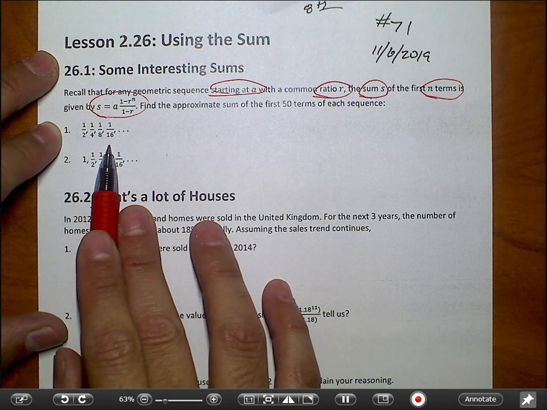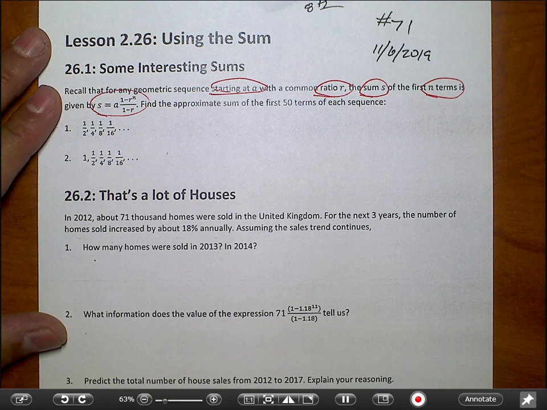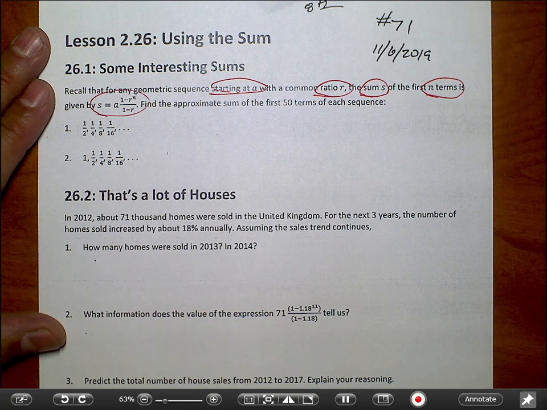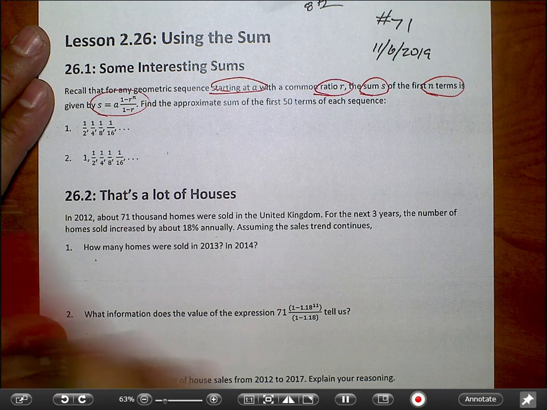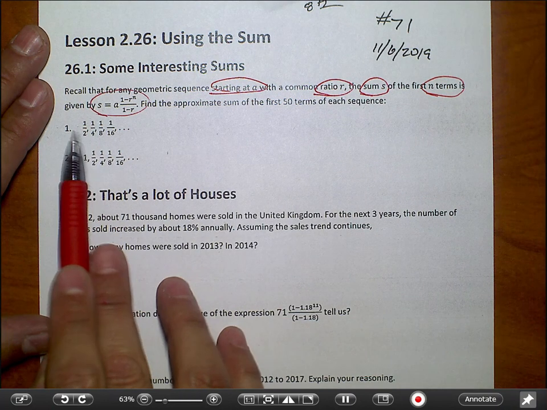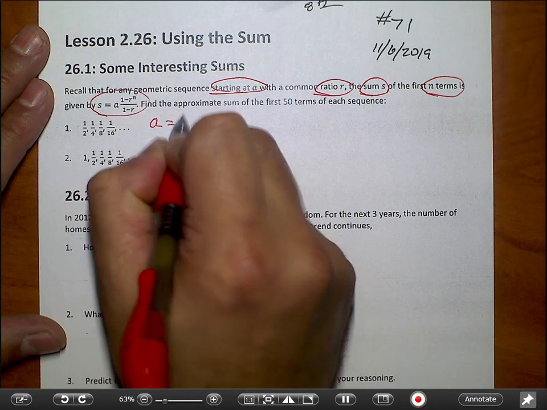What is it? 2? No, it's not counted by 2. What's the A value? My initial is what? Say it, Justice. 1/2. If you guys remember yesterday's, my initial value would be my first one, right? That's the initial value. So it's going to be A is 1/2.